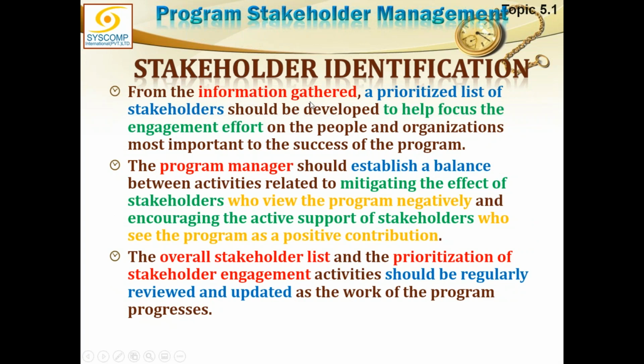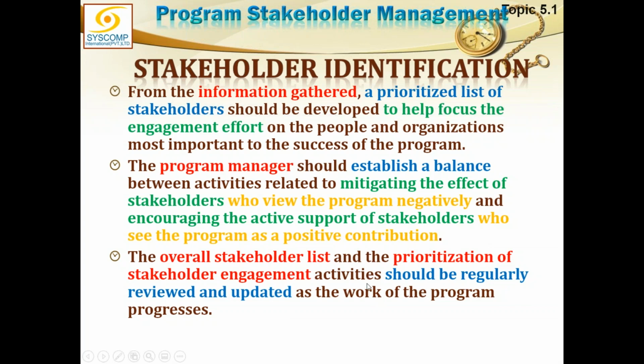From the information gathered, a prioritized list of stakeholders should be developed to help focus the engagement effort on the people and organizations most important to the success of the program. The program manager should establish a balance between activities related to mitigating the effect of stakeholders who view the program negatively and encouraging the active support of stakeholders who see the program as a positive contribution.